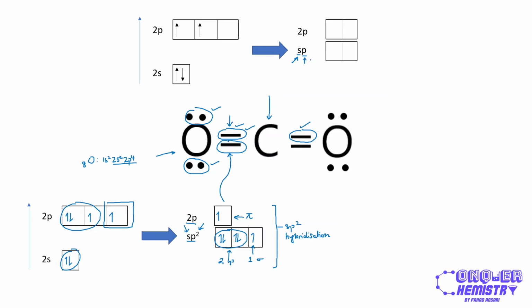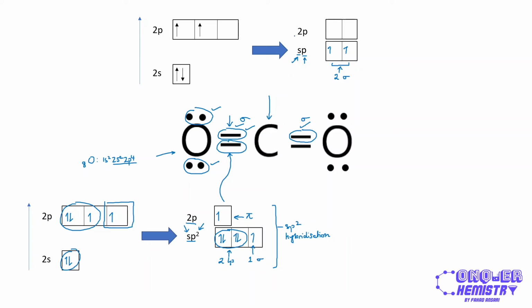Now the question is, which of these 2p orbitals will go into the mixing process? Remember that these two sp hybrid orbitals have one electron each because they're both forming sigma bonds. The carbon is forming two sigma bonds, so we need two half-filled hybrid orbitals, because both of them need to be used for the sigma bonds, and there are no lone pairs, so no completely full hybrid orbitals are needed.